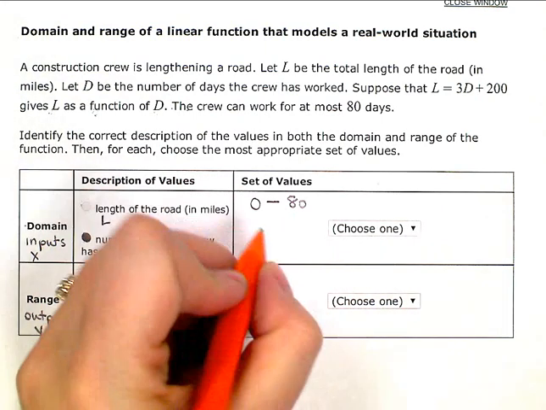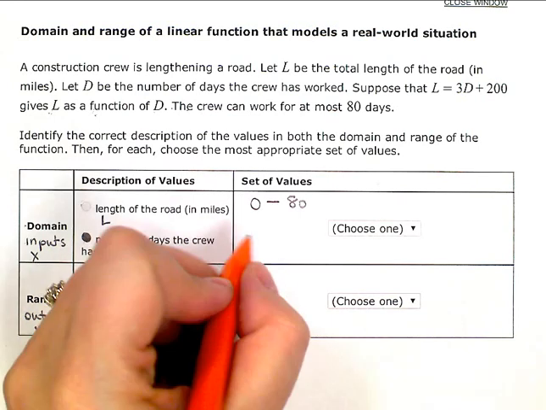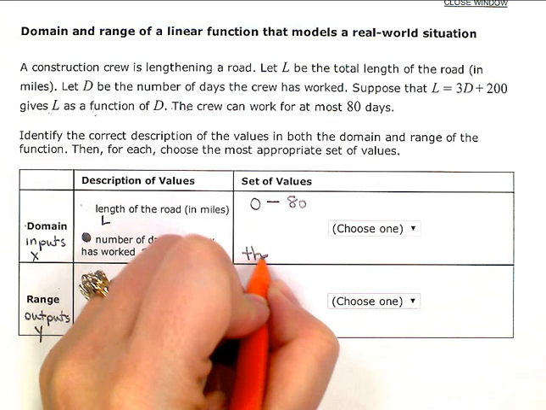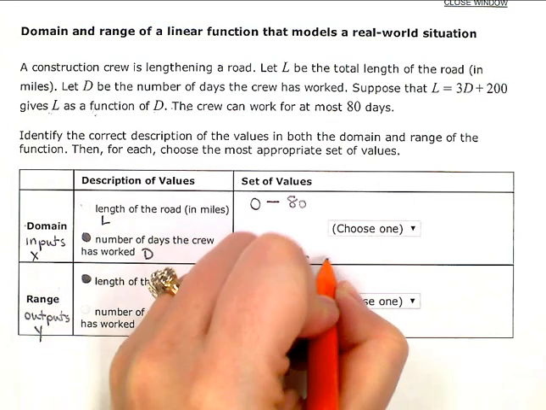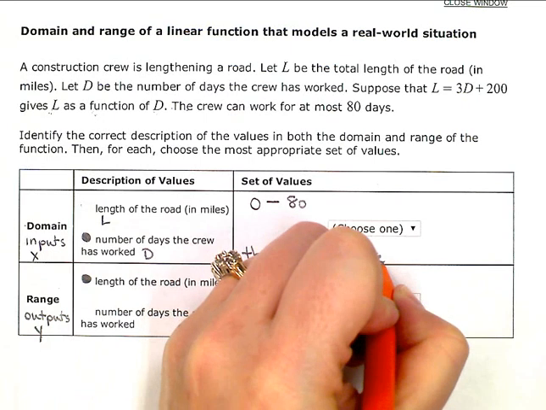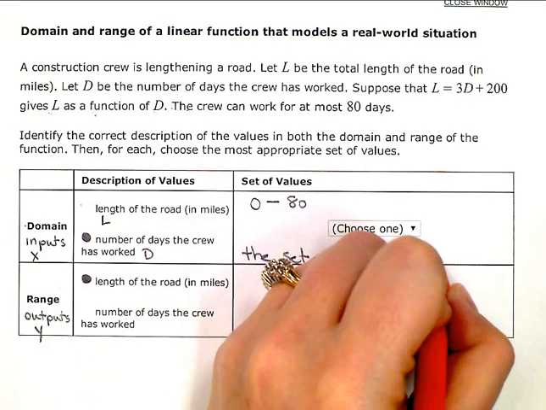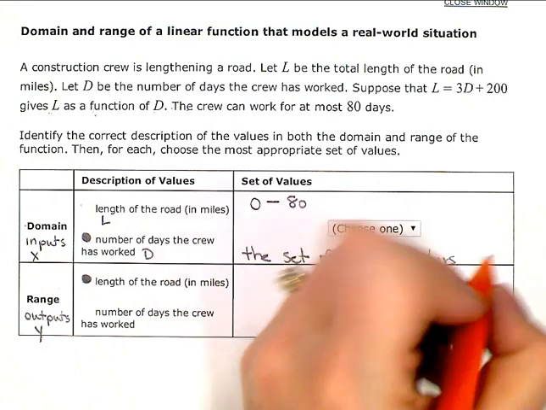So here, my domain is going to be the set of all real numbers from 0 to 80.